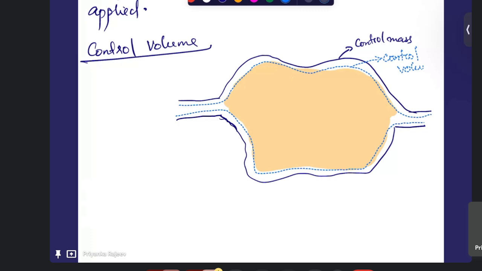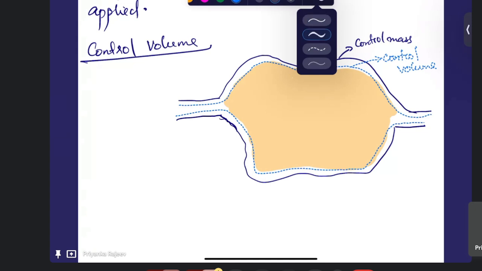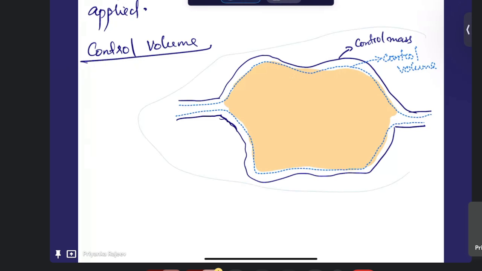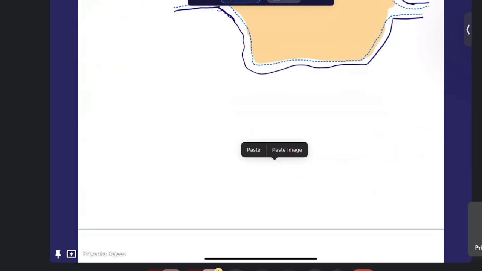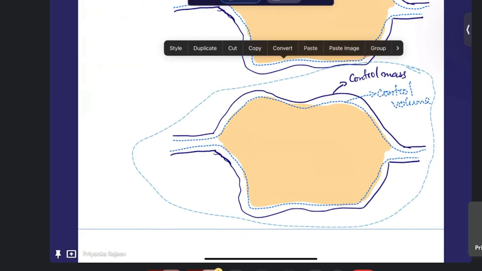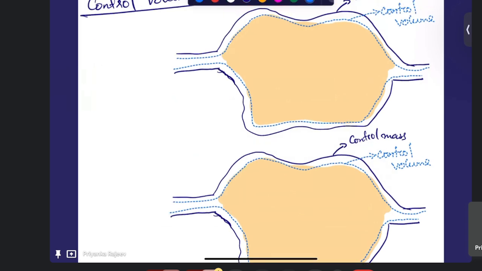Okay, this is the control volume, and now I am defining two scenarios. One is mass entering the system, another is mass leaving the system. So mass entering will be shown like this. So there is a mass element entering the control volume.